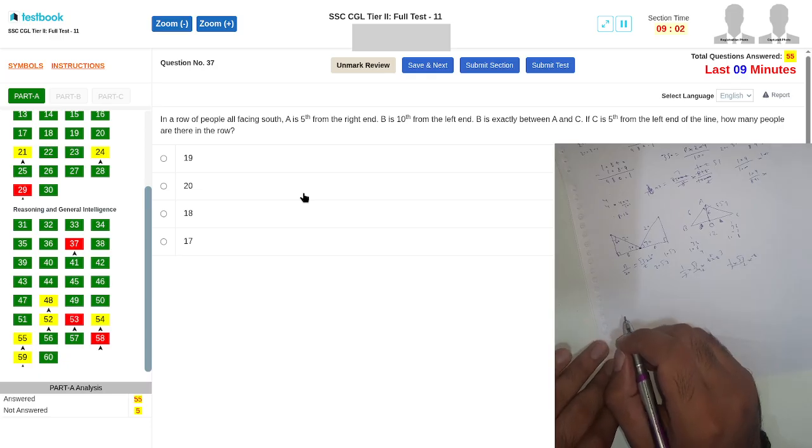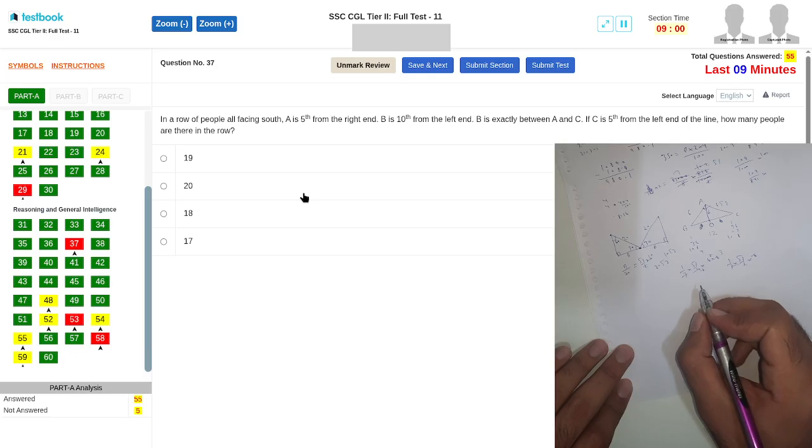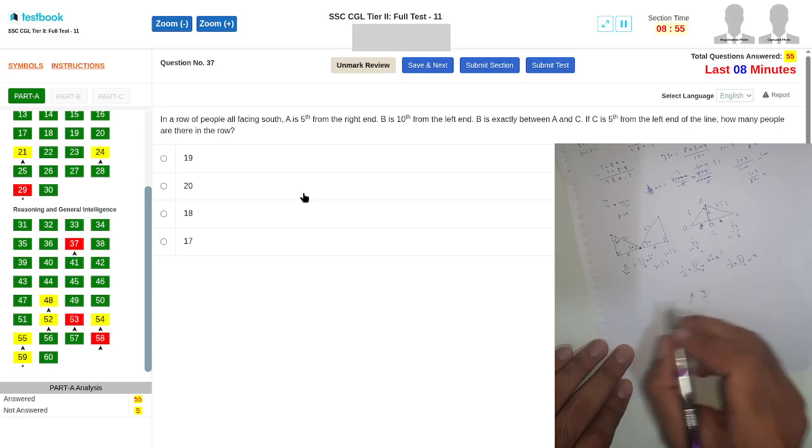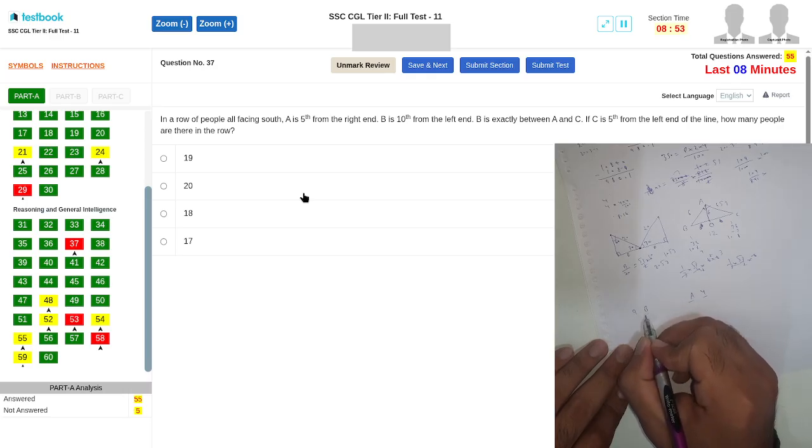A is fifth from the right hand, तो 4A ठीक है. B is 10th from the left hand, 9.